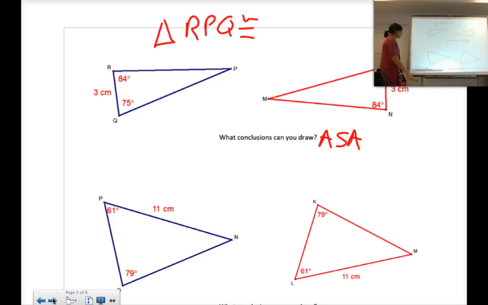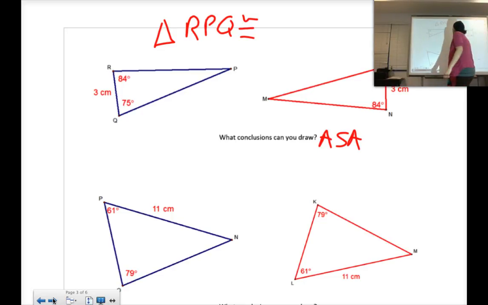All right, let me show you a trick. This is the way that I do these. Because if you rely on what you're looking at and you try to turn the triangle and see if maybe I can get them to line up, that's not going to work. I want you to put your finger on the R. What does that correspond to in the other diagram? N. 84, 84.